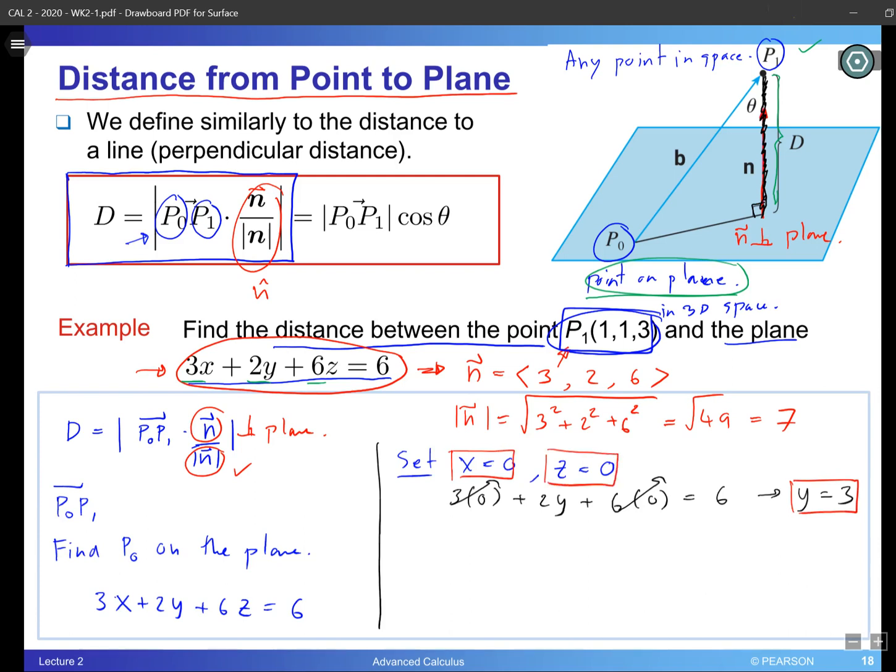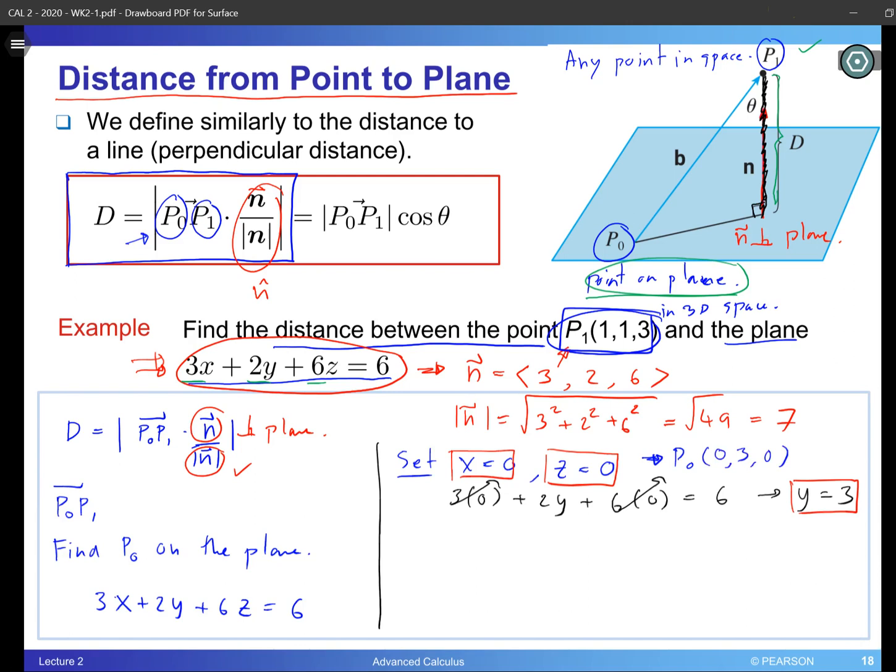You can try to put these values into this equation and it's going to come out okay. With this, I know right away this point is on the plane. So I can make a conclusion right here that P0 is located at x equal to 0, y equal to 3, and z equal to 0. I have proof that it satisfies the equation.